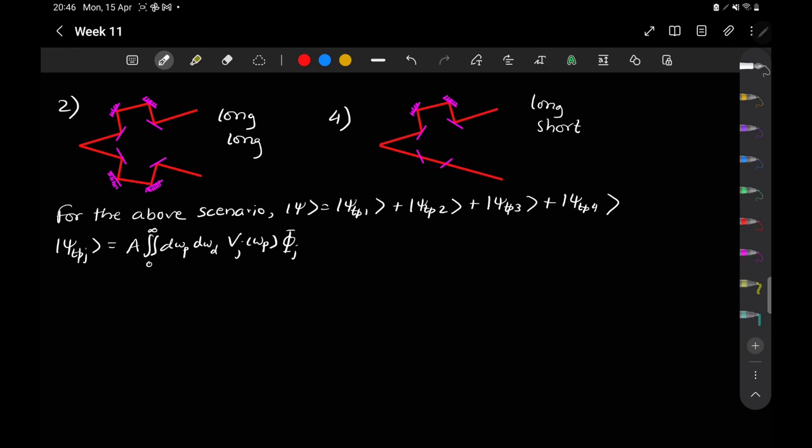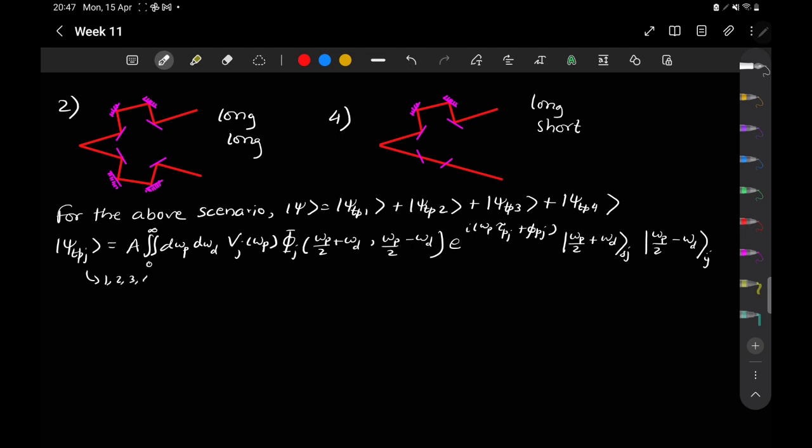V is the pump field amplitude, phi is the phase matching function, and here this j can take values 1, 2, 3 or 4.